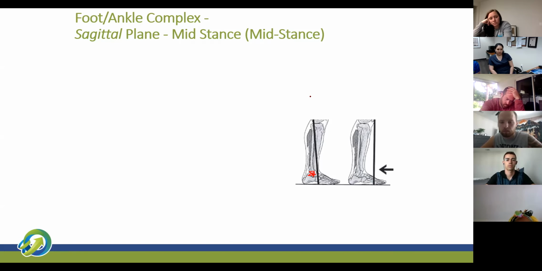Basically, without the eccentric motion of the plantar flexors in this phase, then the ankle would collapse into dorsiflexion because the ground reaction force is going to be bringing the tibia closer to the toes. So picture if we didn't have plantar flexor strength at all, and we have a major force on a hinge, because that's all the ankle joint is, a hinge between the foot and the tibia.